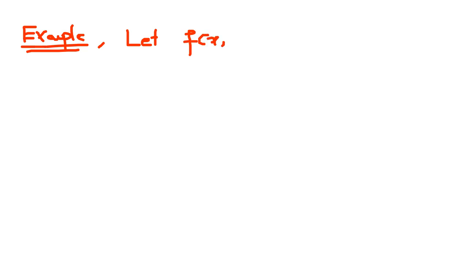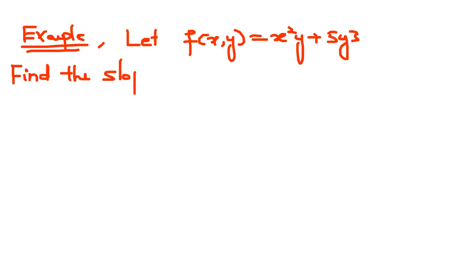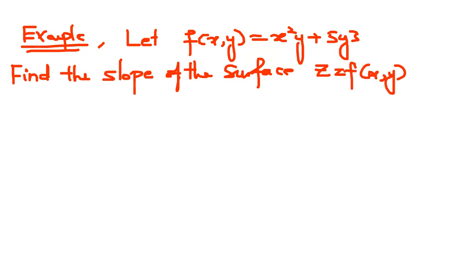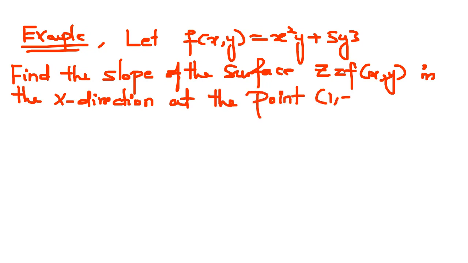Okay, so for example, there is a question: let you have any function f of xy which is equal to x square y plus 5y power 3, and you have to find the slope of the surface z is equal to f of xy in the x direction at the point 1 and minus 2.